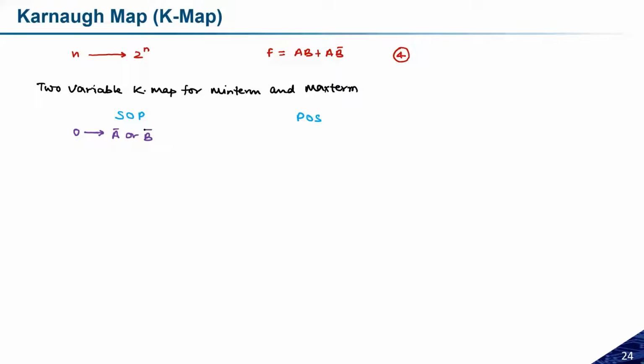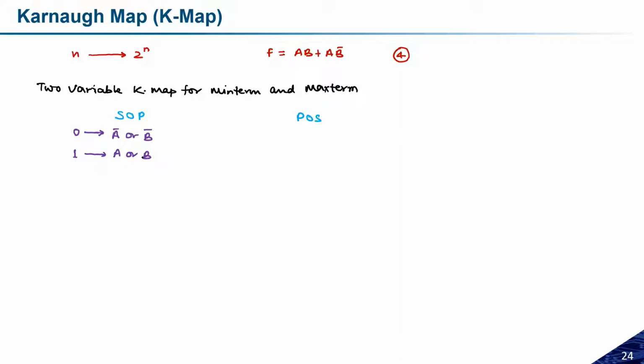Let us consider I have 2 variables only. To represent logic 0 in the SOP form, or the min term representation for the K-map, I need to use A bar and B bar. And similarly, for 1, I need to use A and B. So A and B are used for 1, and A bar and B bar are used for 0.